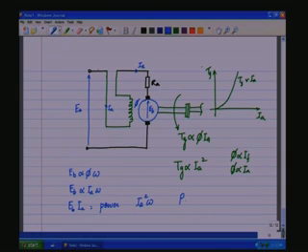Then Ia square omega will be a constant.